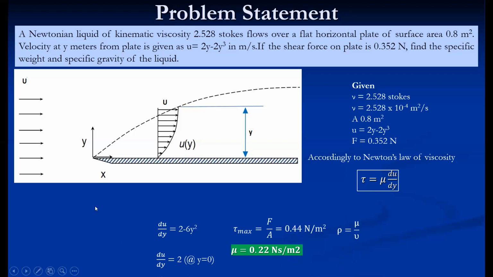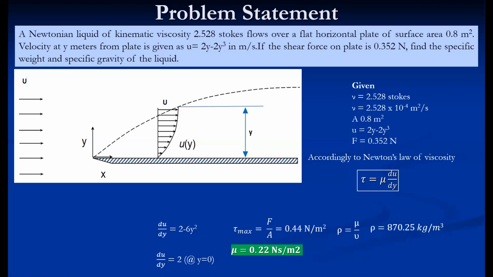So we have to calculate specific weight, using the relation between dynamic and kinematic viscosity. The ratio of dynamic viscosity to mass density is kinematic viscosity. So rho is equal to mu by nu, because kinematic viscosity is given.